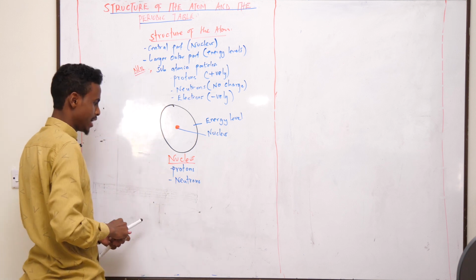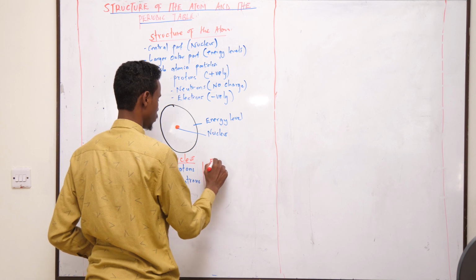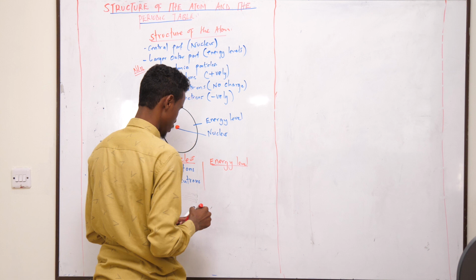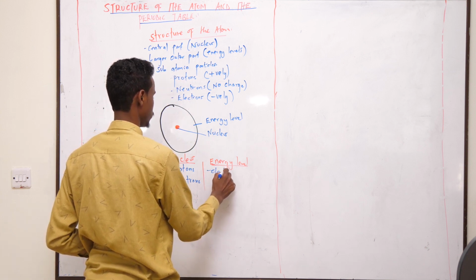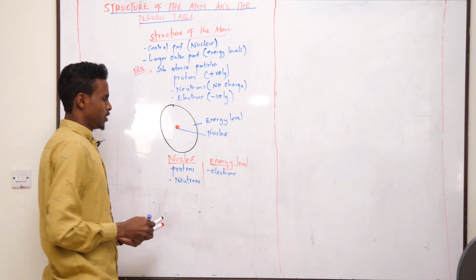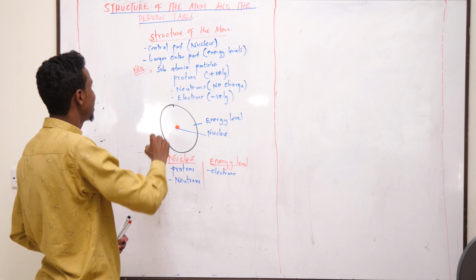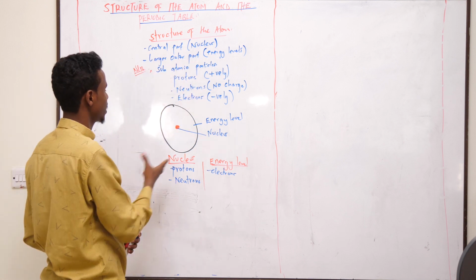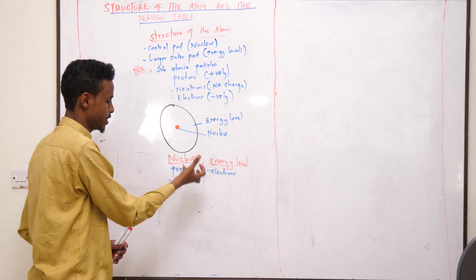And on the other side, in the energy level, we have the electrons. This is now the structure of an atom: the central part, the large outer part, the subatomic particles, the location of the subatomic particles and their charge.